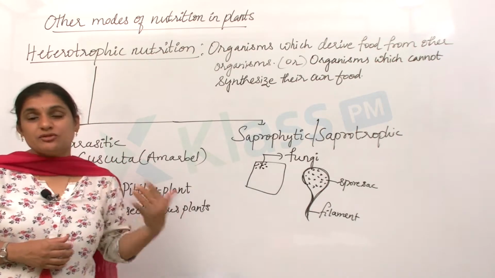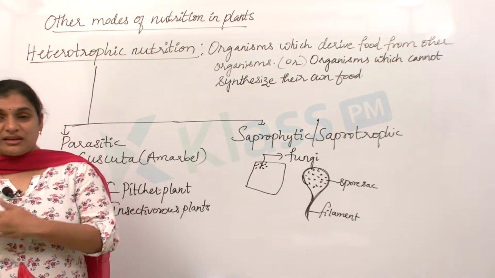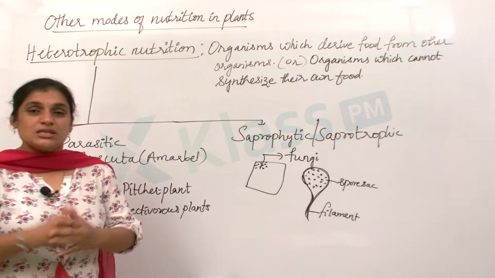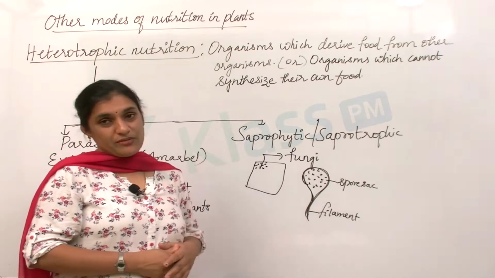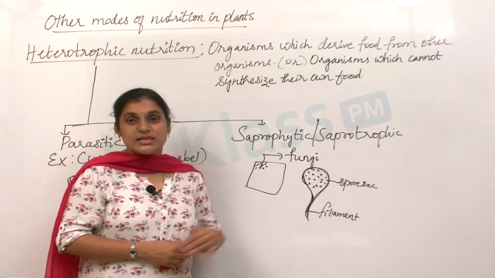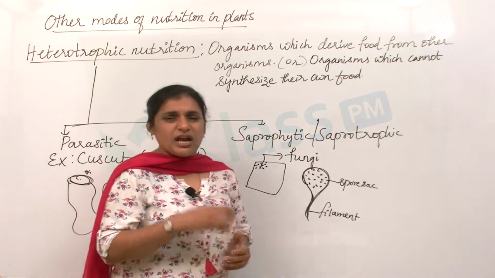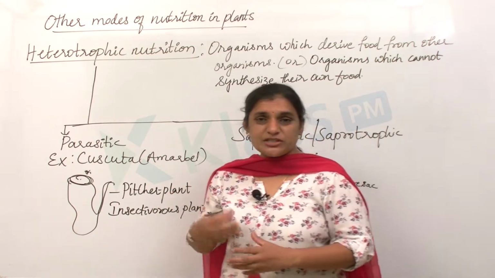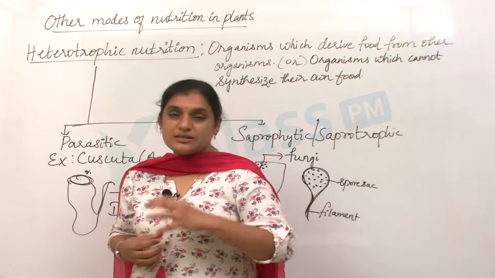So this type of nutrition, where they get the food from the dead and decaying parts and then convert it into a solution, is said to be saprophytic nutrition. And this saprophytic nutrition is also known as saprotrophic nutrition. And the organism which performs saprophytic nutrition is said to be a saprophyte.